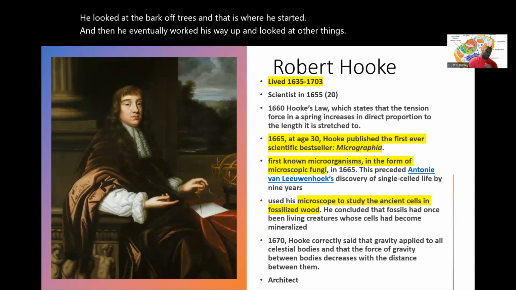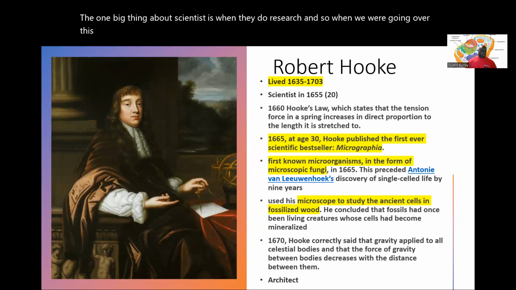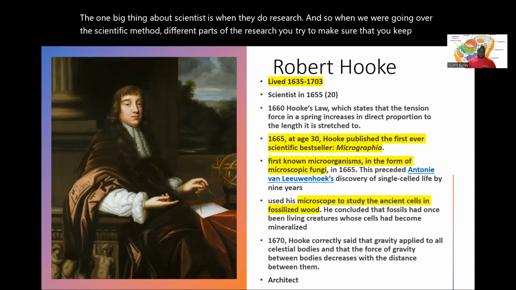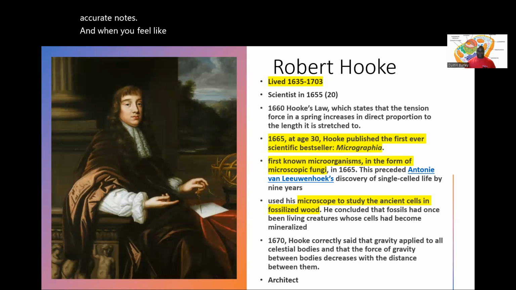The one big thing about scientists is when they do research. And so when we were going over the scientific method, different parts of the research, you try to make sure that you keep accurate notes. And when you feel that you have come to the end of your research, then you publish.